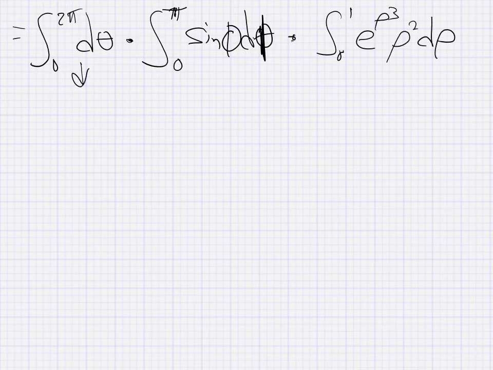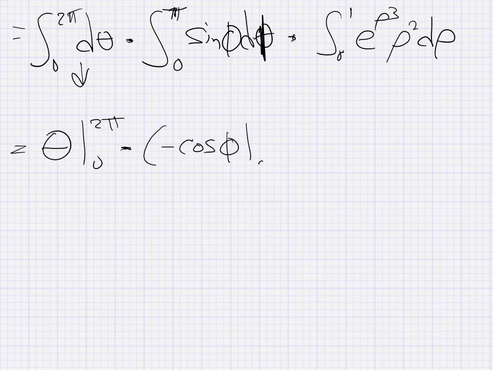This one, super easy. This is just going to be theta between 0 and 2 pi times this one's going to be the integral of sine, which is negative cosine of phi between 0 and pi, times this one, which is a little more challenging but not bad. If you let u equal rho cubed, du would be 3 rho squared d rho.